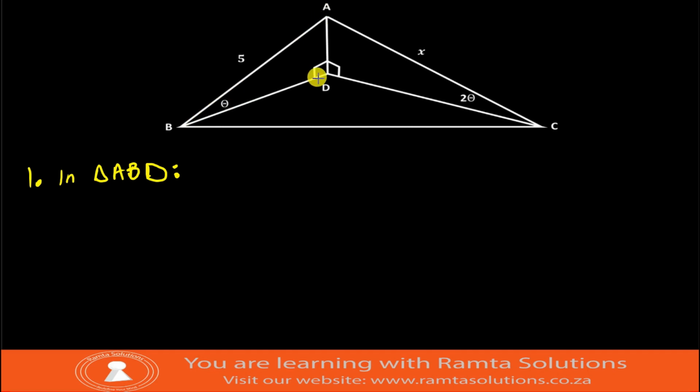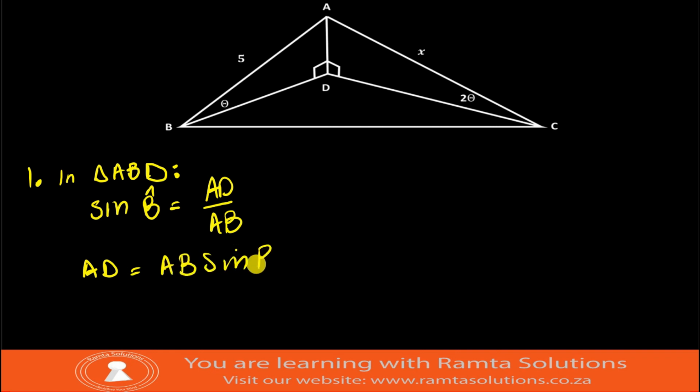So we can use sine, because it's a right-angled triangle. Sine of angle B is equal to AD over AB. So AD is equal to AB sine of angle B. AB is 5 and angle B is theta, so AD is 5 sine theta. Now we are done with that part.